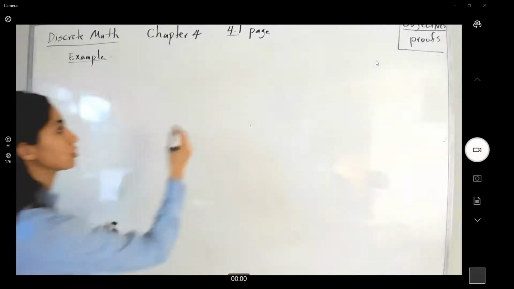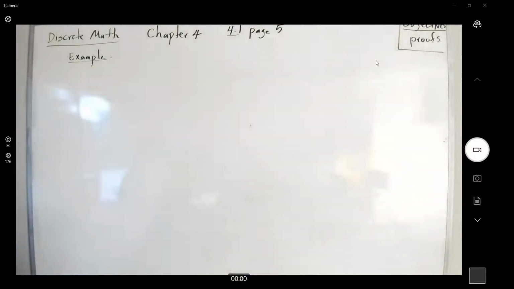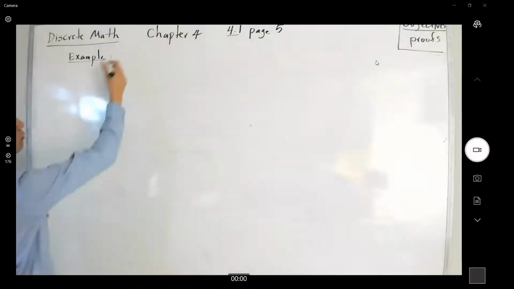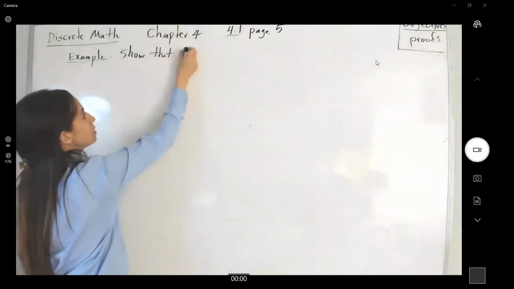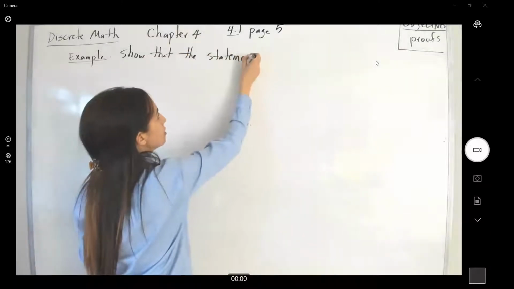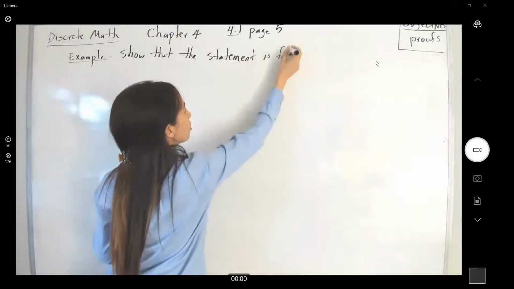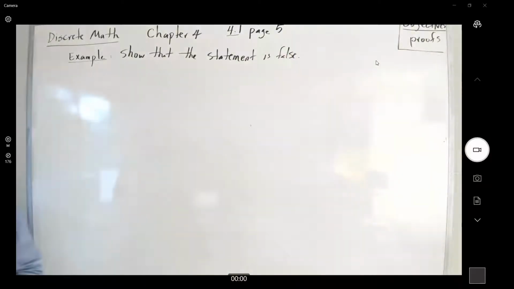Example, we are on page 5. It says, show that the following statement is false. Okay, disproving something. What is the statement?